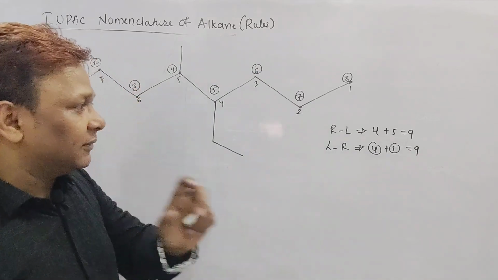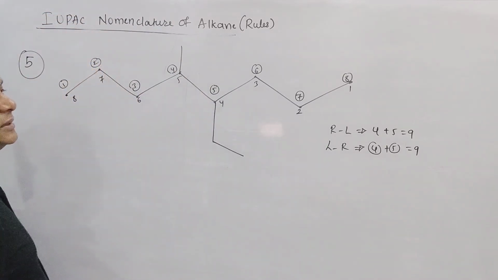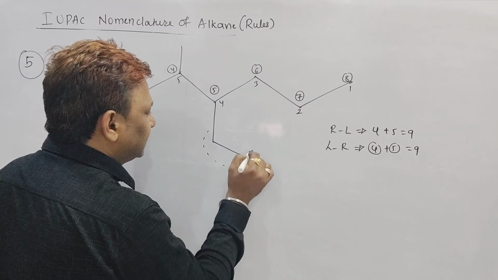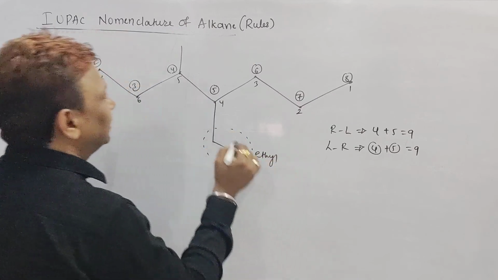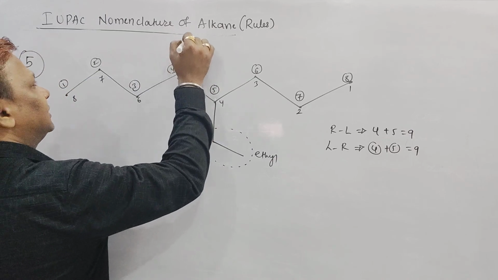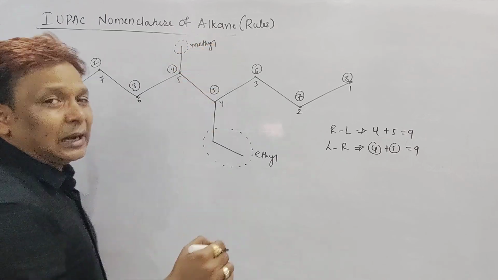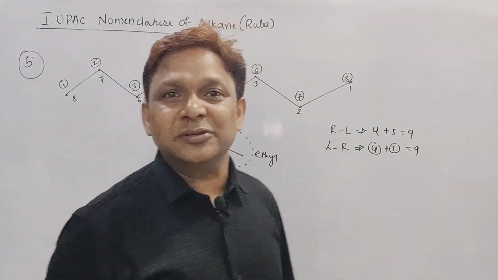Beta, if both numberings are correct here, then what to do in this case? Check the substituents. What is the name of this substituent, sir? Sir, the name of this substituent is ethyl. And the name of this substituent is methyl. According to alphabetical order, which one should come first? E should come first, beta.